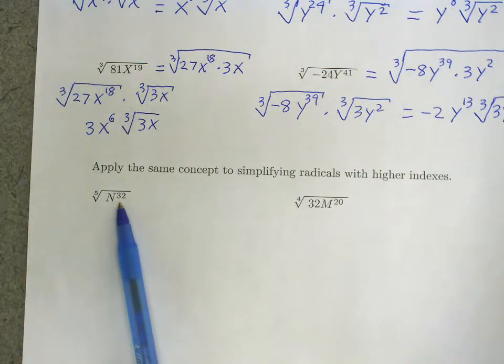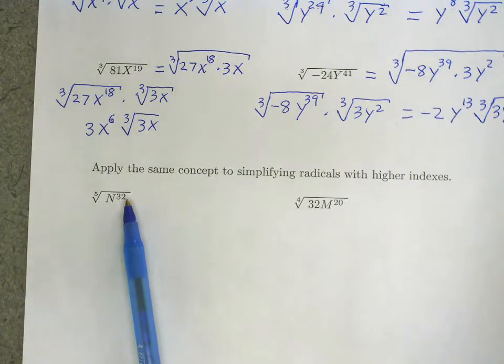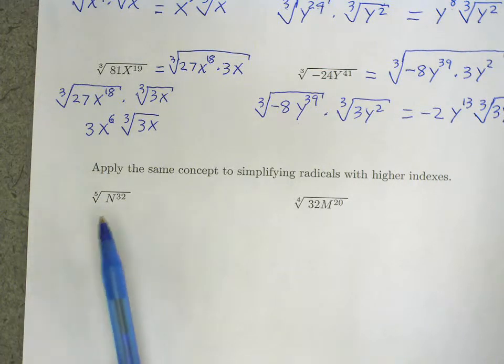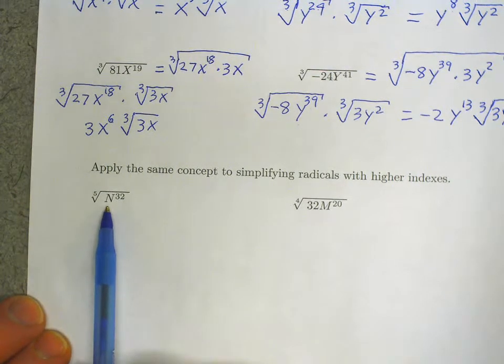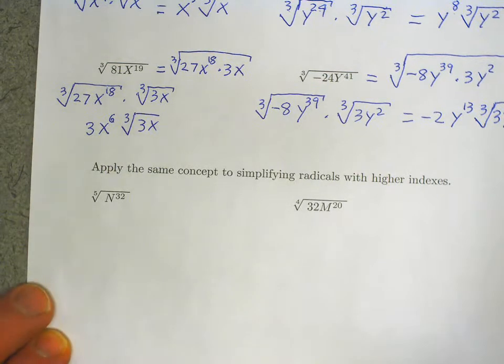The exponent 32 is not a multiple of 5, but 30 is a multiple of 5. So n to the 30th is the largest factor of n to the 32nd that is a perfect fifth power.